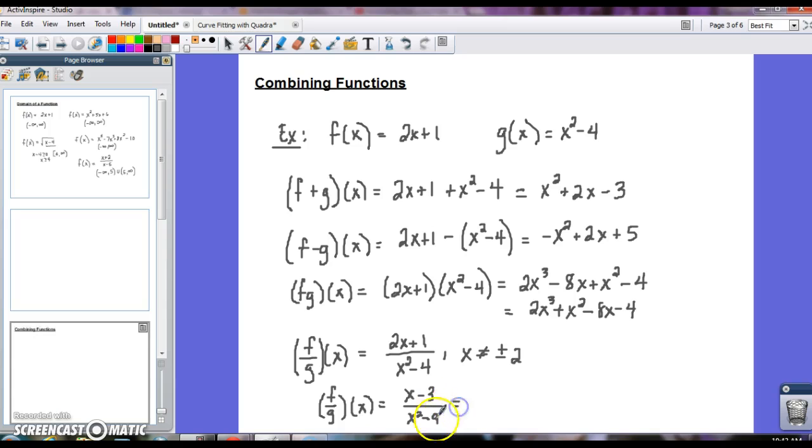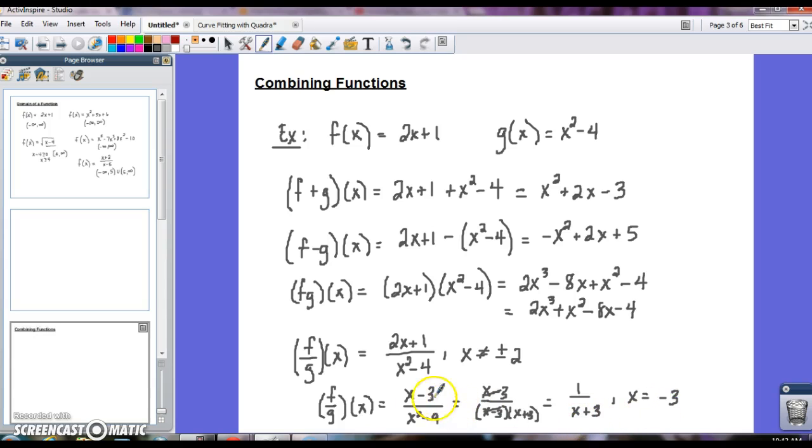And some would say, yeah, but you can factor that. You get x minus 3 over x minus 3 times x plus 3, which in fact you do. And you can cancel those, and that gives you 1 over x plus 3. So you would say, well, then I would only have to exclude negative 3 from my domain.